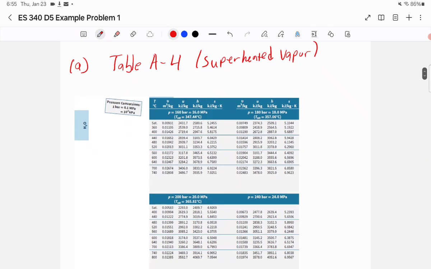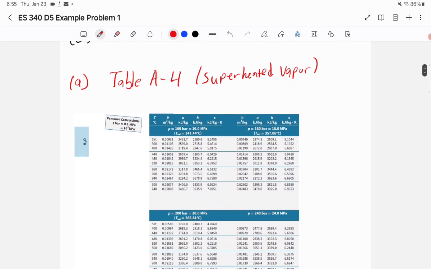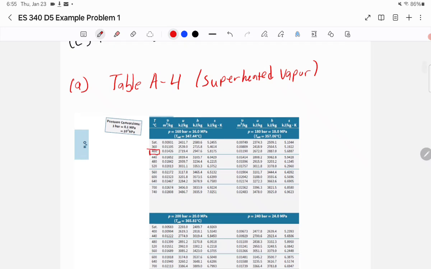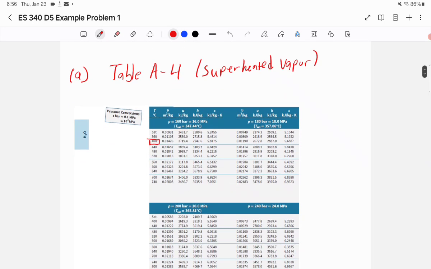So I'm going to go down, and notice that this is only part of table A4, by the way. I just took out the part that I needed because it has the temperature of 400 degrees Celsius, right? That was what we were looking for in this part of the problem. And the saturation temperature is actually listed in the superheated table.